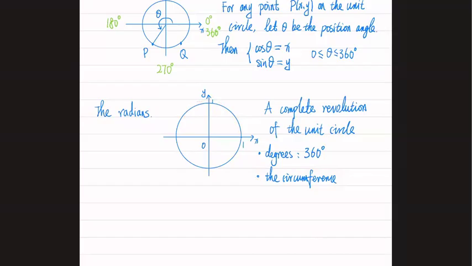Okay, so this will be 2 pi. So this will be the radian, 2 pi radian. This is equal to 360 degrees.